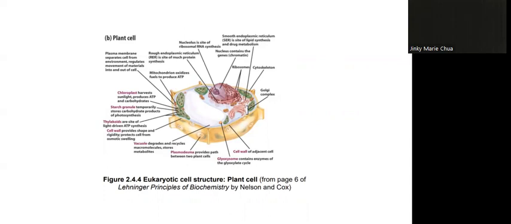What new structures are found in plant cells? There are only three. First is the cell wall. Next is your chloroplast. And then next is your chlorophyll.